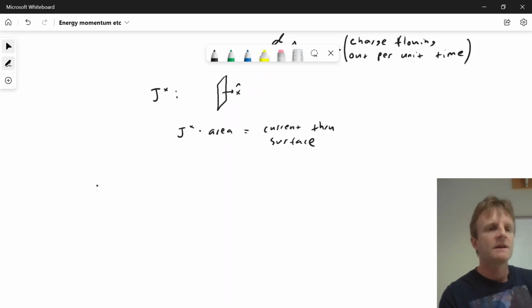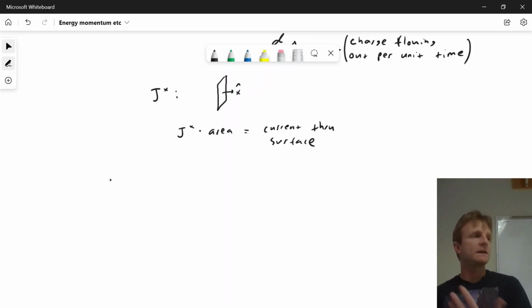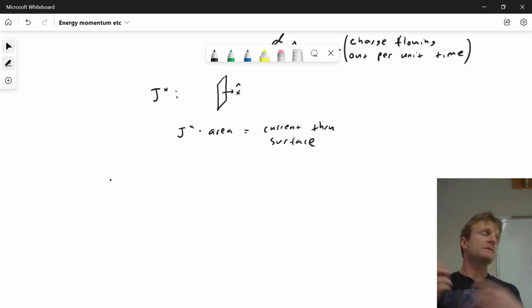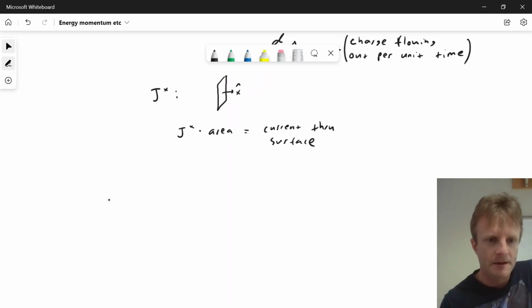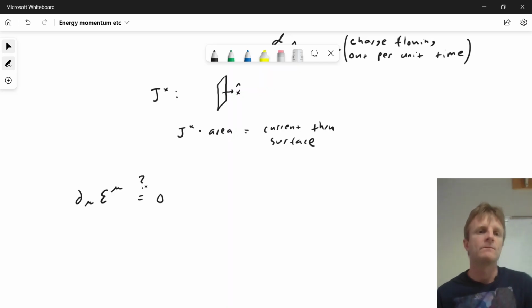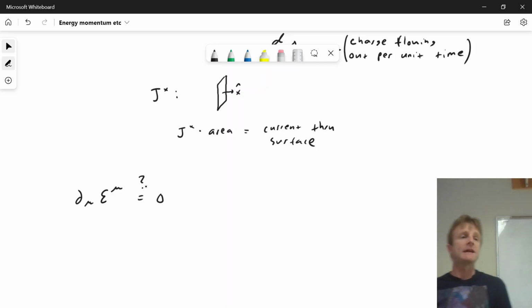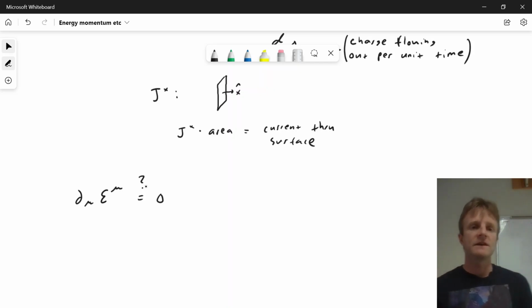Well, we would sort of want to consider some 4-vector. In the same way, that would give us a theorem that would say the change in energy in some region is equal to the flux through the boundary. So you could imagine trying to invent something like that, where it would be del mu E mu equals 0, where E0 would be the energy density, analogously to J0 being the charge density, and the spatial components would be some energy current.